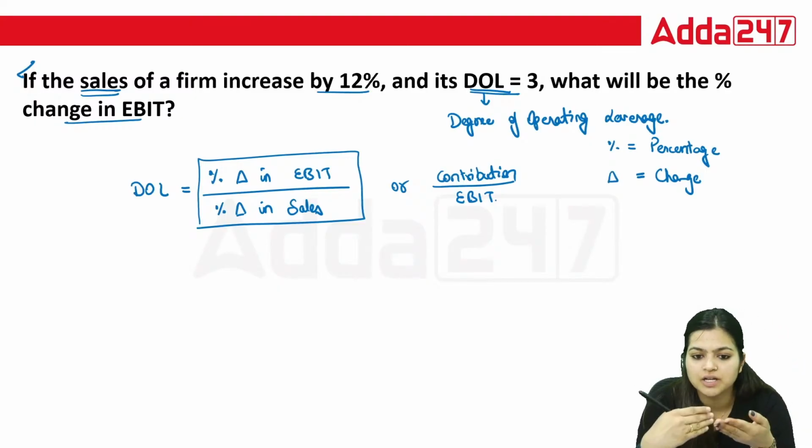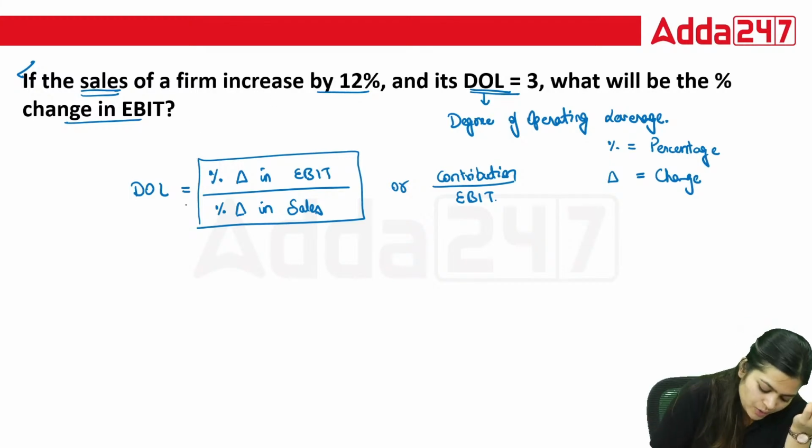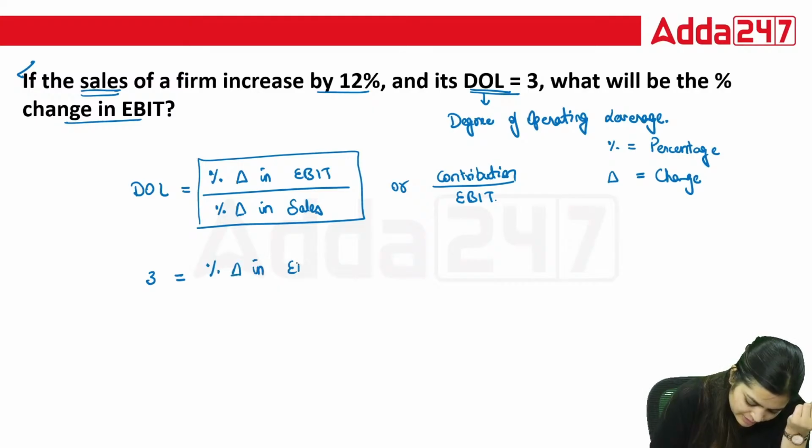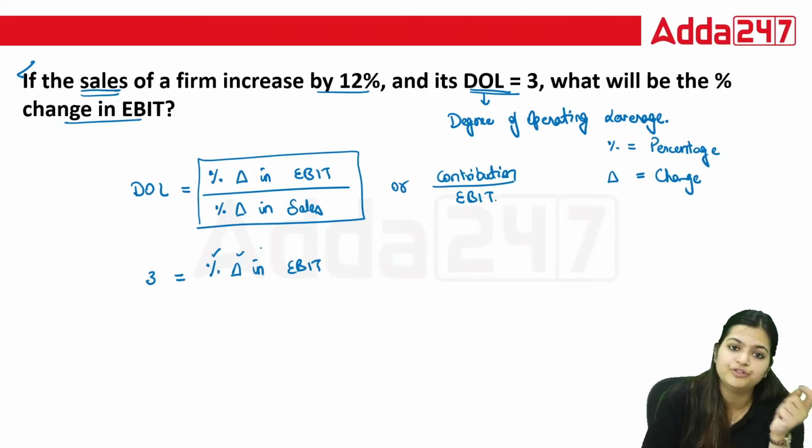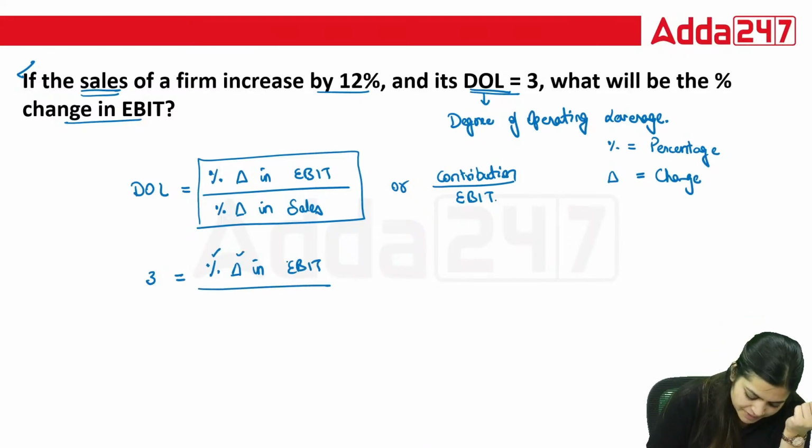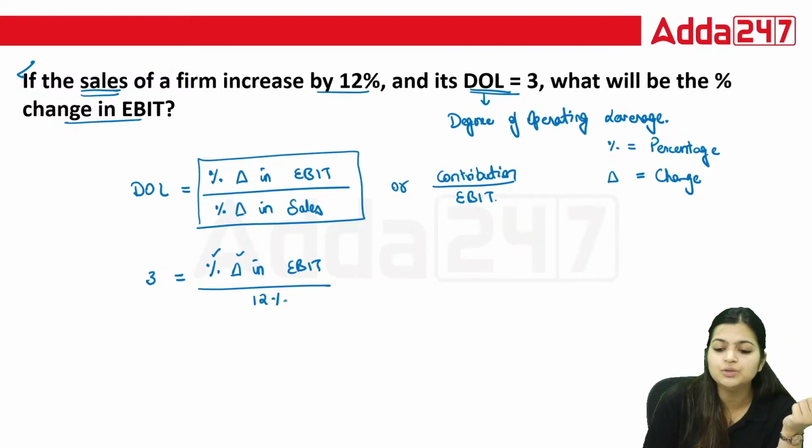So here you can see DOL is already given as 3. We need to calculate percentage change in EBIT. This is the symbol for percentage, this triangle is the symbol for change, divided by percentage change in sales, which is already given as 12%.